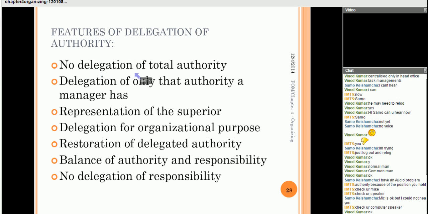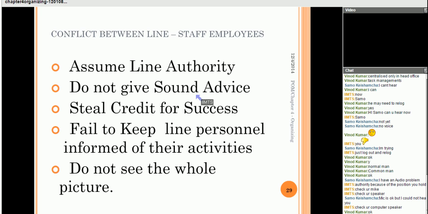The features are: there is no delegation of total authority, delegation of only that authority a manager has, representation of the superior, delegation for organizational purpose, restoration of delegated authority, balance of authority and responsibility, no delegation of responsibility. Like if you are delegated an authority because of a particular project, once the project is over, that authority will also be over. You will not be holding that authority anymore.